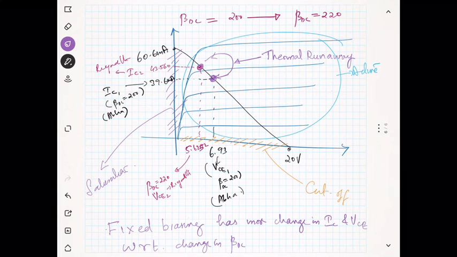How is beta DC changing? Beta DC is changing because of the temperature. So this is one of the big issues. So we will calculate how much percentage change there will be.